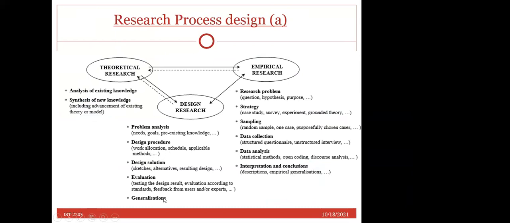This is more like the typical software engineering, computer science, IS, where we have a problem that we want to develop an IT solution for, and there you have to get the needs, see the goals, and pre-existing knowledge in problem analysis. And our research for developing some kind of project would follow this second one.